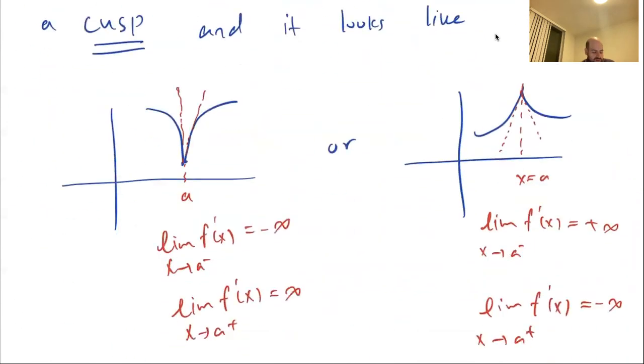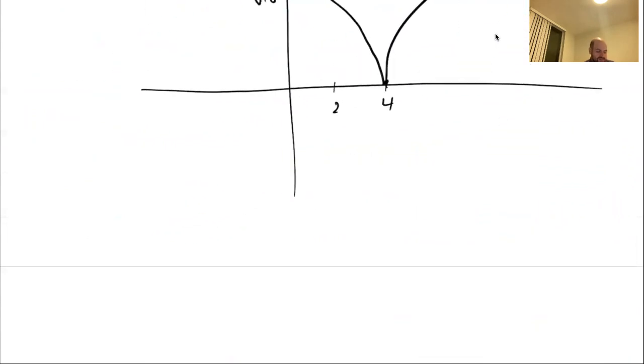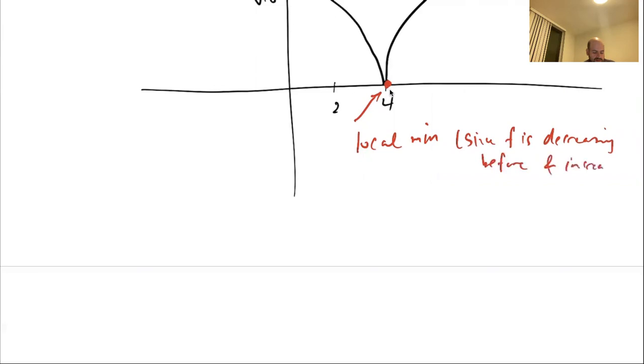So for the local minimum, which is this point here, the x value is 4, the y value is f of 4, which is 0. That means the point is on the x-axis. The local minimum, since f is decreasing before and increasing after 4.